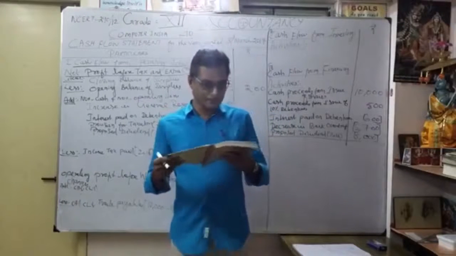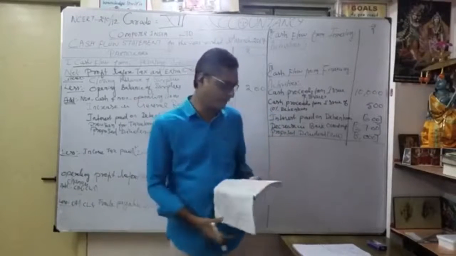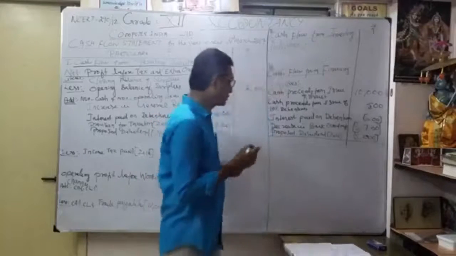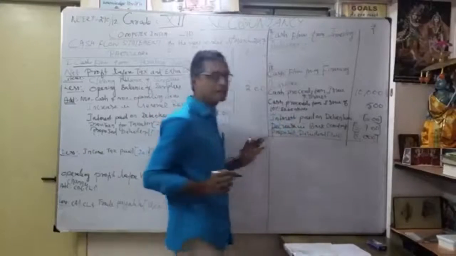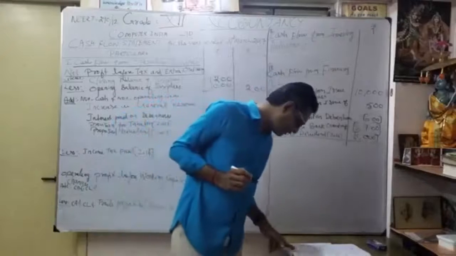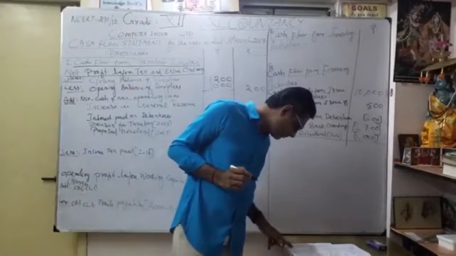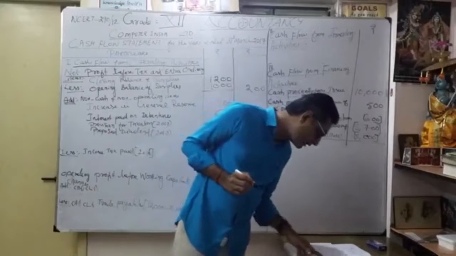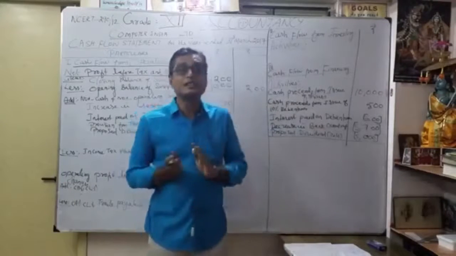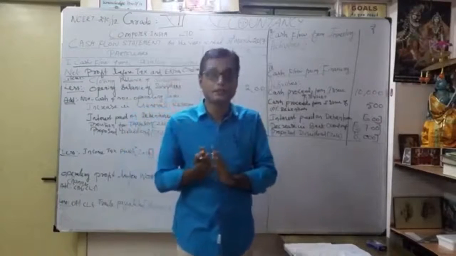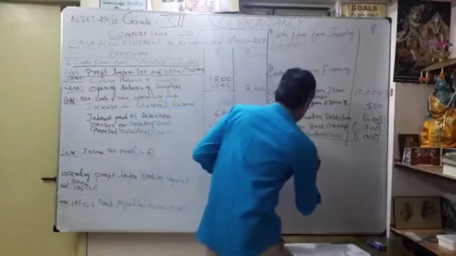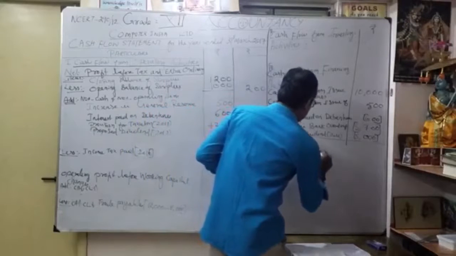Now the asset side, the first one is non-current asset. What are we going to do? We have to open accounts. See they given fixed asset, note number 4. They given fixed asset account and also they given accumulated depreciation account. So you want to open here, fixed asset account.